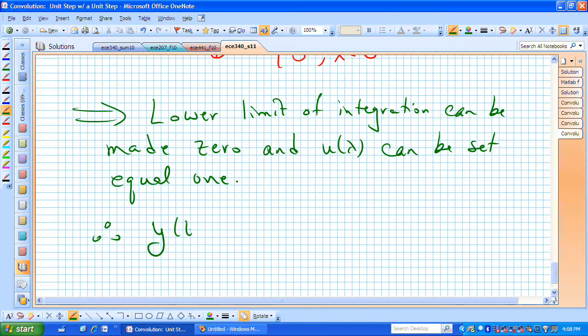Now our y of t convolution integral has simplified a little bit. It's now this integral from 0 to infinity, with this 1 replacing u of lambda, and we have what we had before, u of t minus lambda d lambda.